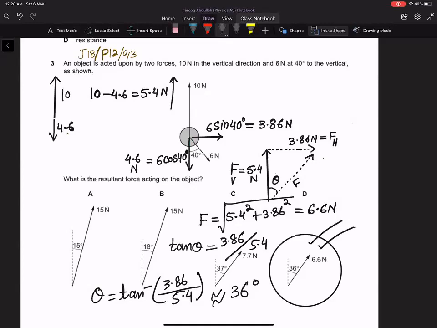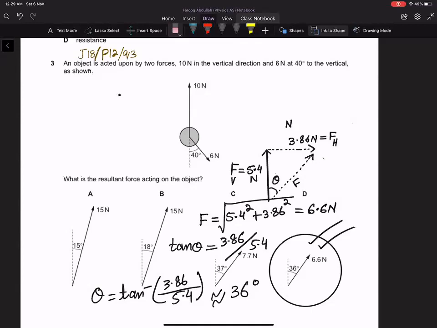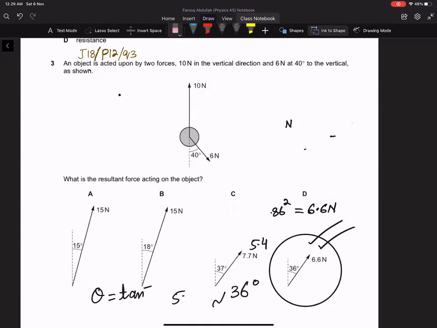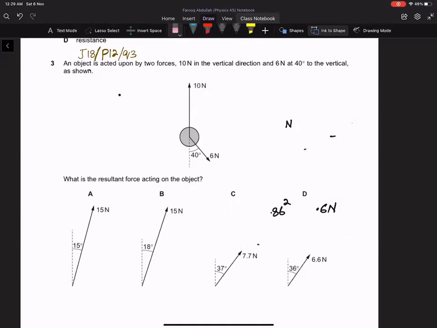And if you want to use the head to tail method instead of resolving, you will draw one vector on the head of the other vector, and then you will find the magnitude of the resultant. On the head of 6 Newton, you have to draw 10 Newton, or on the head of 10 Newton, you can draw 6 Newton.